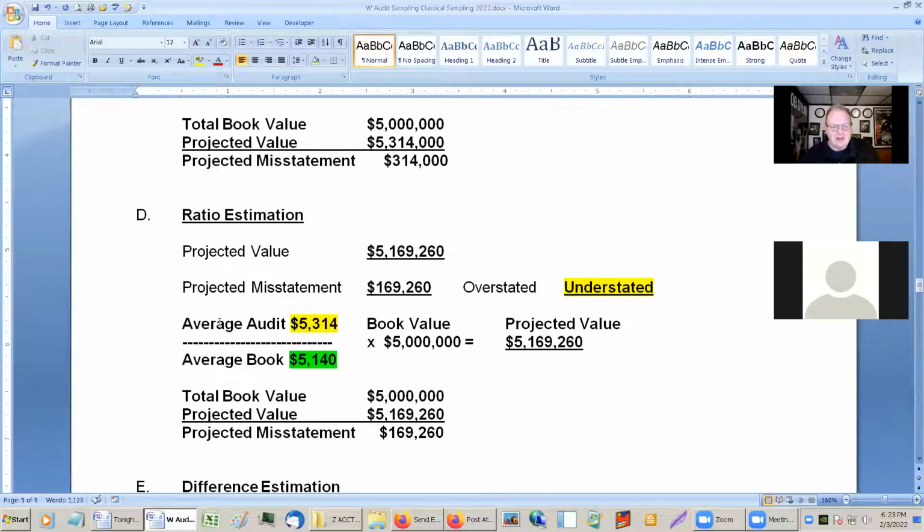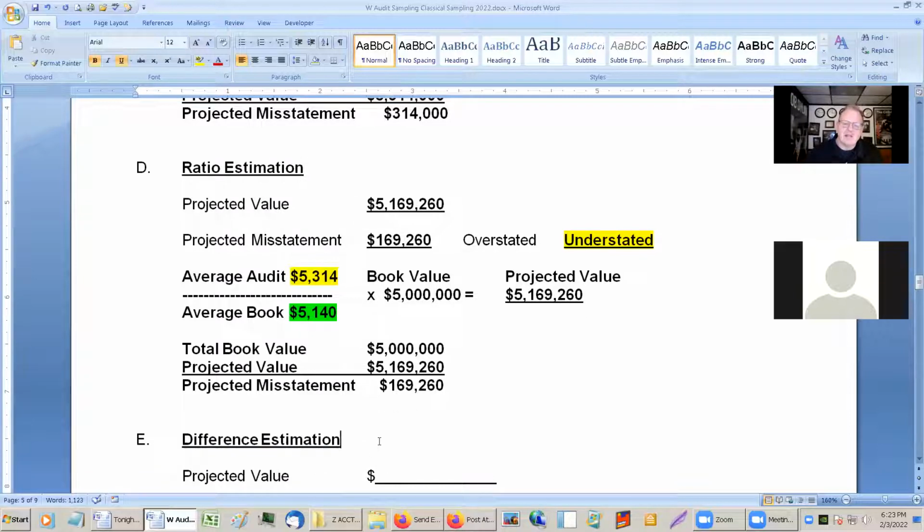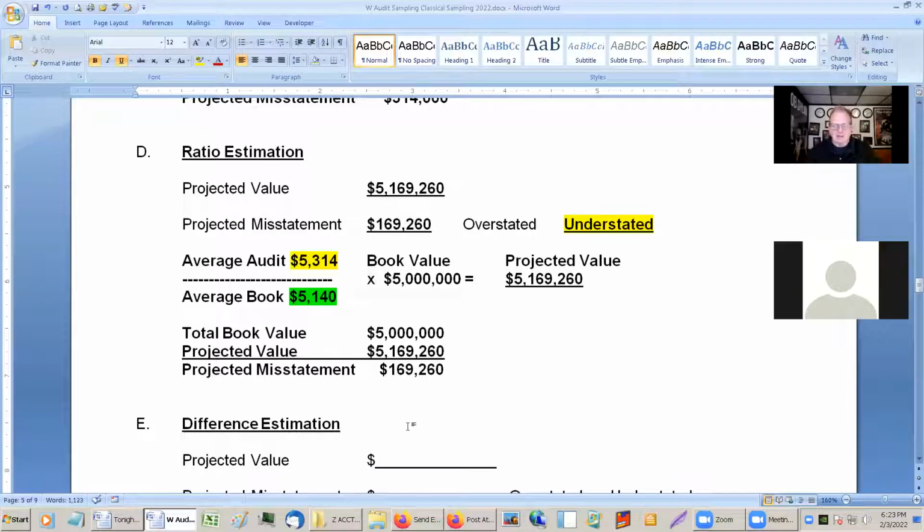Okay, difference estimation is sort of like the opposite of ratio estimation. It says that if something is off, it's most of the time off by the same amount. For instance, if there's a handling charge that's supposed to be charged to all the orders, let's say $20. Whether it's a $100 order or a $100,000 order, it gets a $20 handling charge.